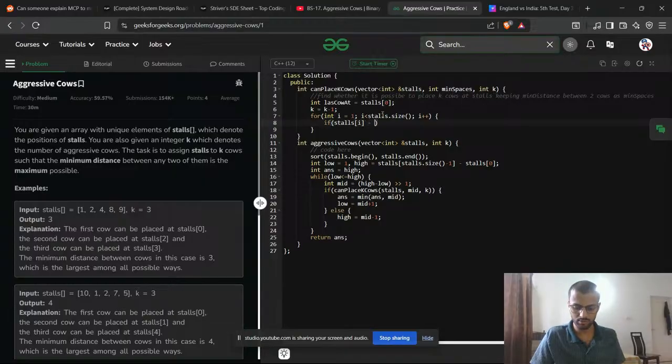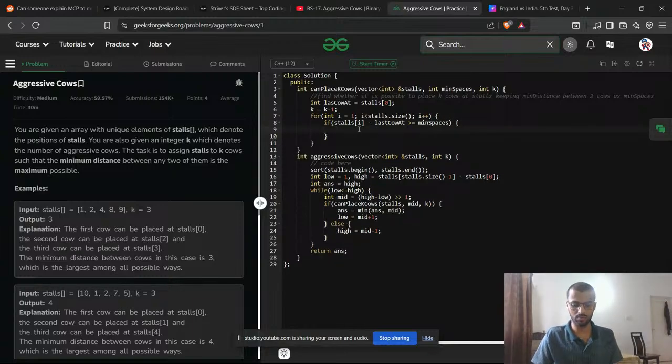Current minus last cow position is greater than or equal to the minimum distance. Then I can place the cow. Placing the cow is k minus minus.